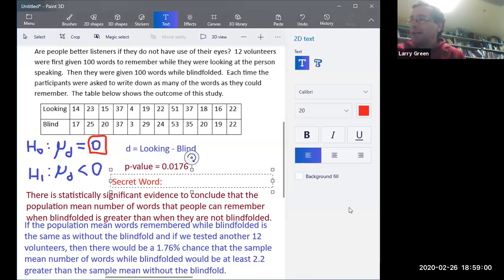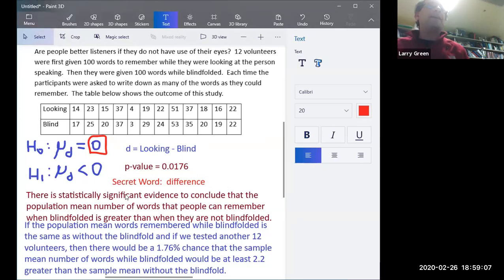And the secret word is difference. Because this chapter is about finding out if there's a difference between the two. What is the difference, greater? Is the difference negative, et cetera. D stood for difference, remember? So the secret word for this week is difference. Okay, now we'll talk about the project.